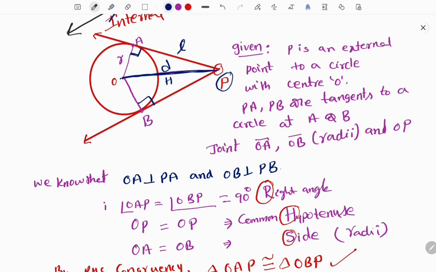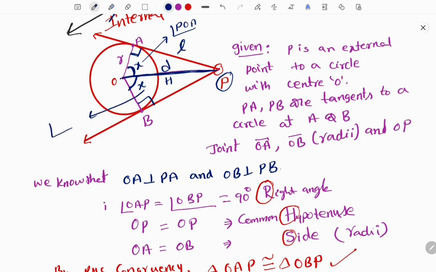And also here, this is one angle and the corresponding angle is here. These both angles are equal. Suppose this is X, this is also X. What about this angle?